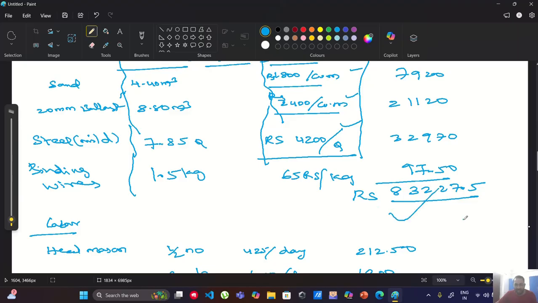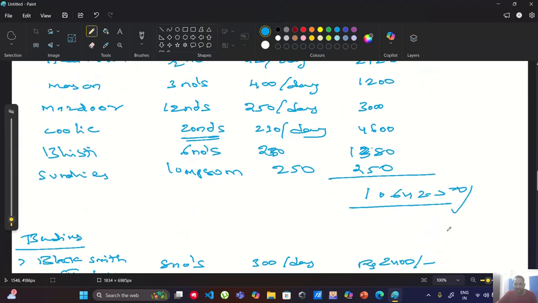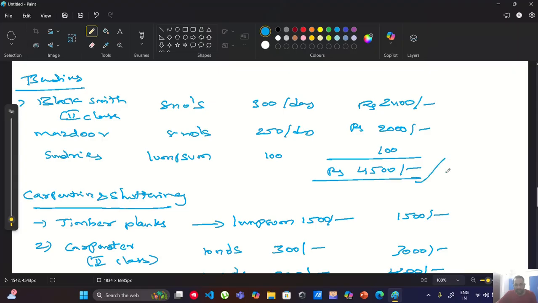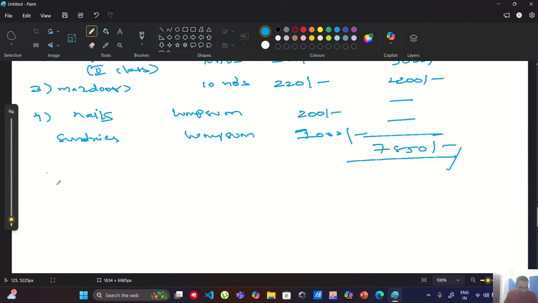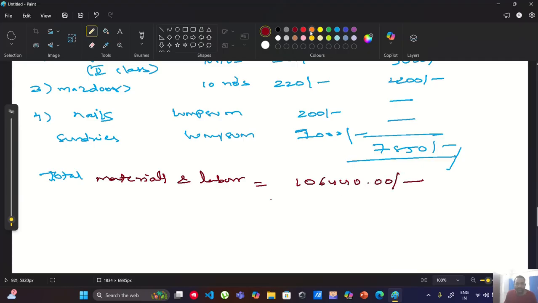One is material cost, general labor cost, bending and cranking labor cost, and carpentering and shuttering cost. So the total materials and labor cost is equal to 1 lakh 6,440 rupees when you sum all this data.